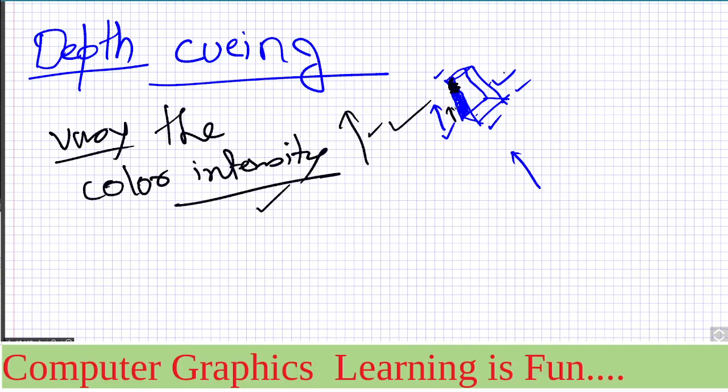Now one way also can be, if it is a wireframe, as near to the camera, the vertices are far apart. However, as depth increases, as it goes far from the camera, the vertices become nearer to each other.